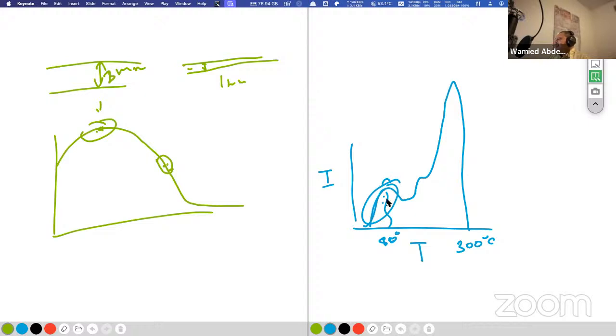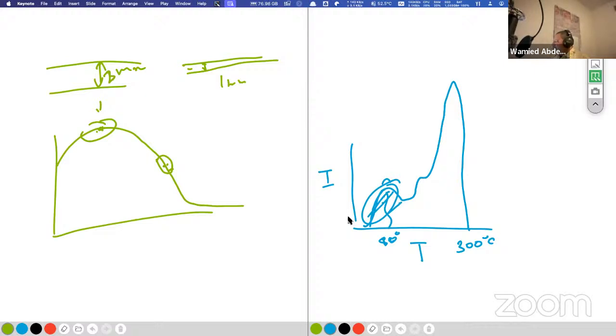So the best way is to wait for 6 hours or more. By waiting, we're letting the TLD get rid of this peak, emitting the light. No more of these electrons, this energy, they're over there.